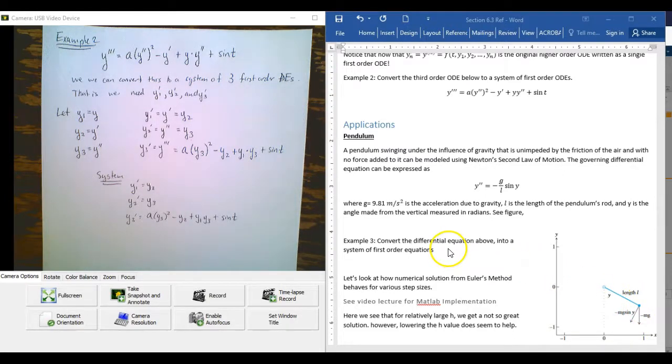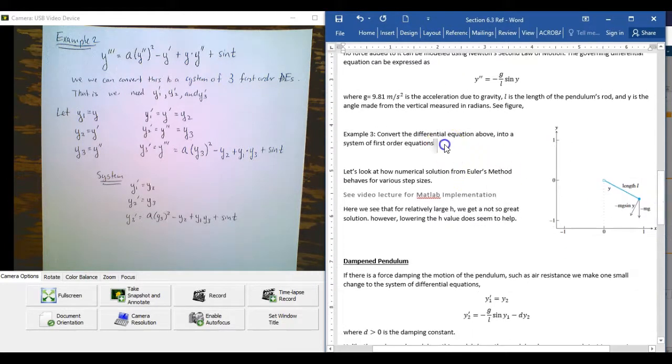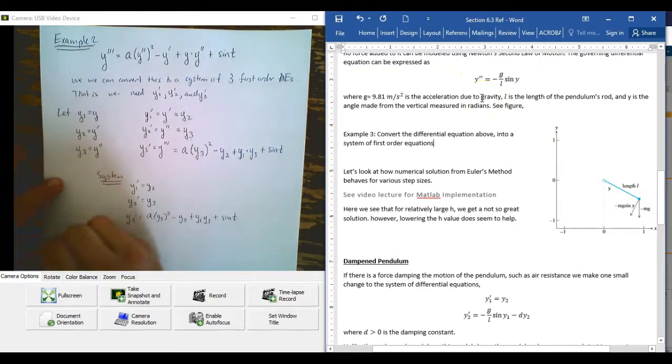But that's neither here nor there. I've given you the code for that. So for example 3, we want to convert this second order differential equation into a system of first order differential equations. So what we have just done. So example 3.